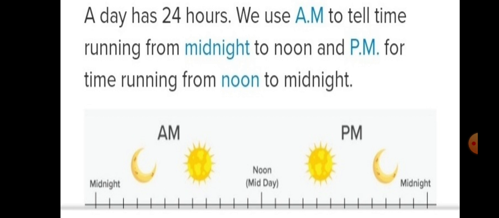A day has 24 hours. We use AM to tell time running from midnight to noon and PM for the time running from noon to midnight.